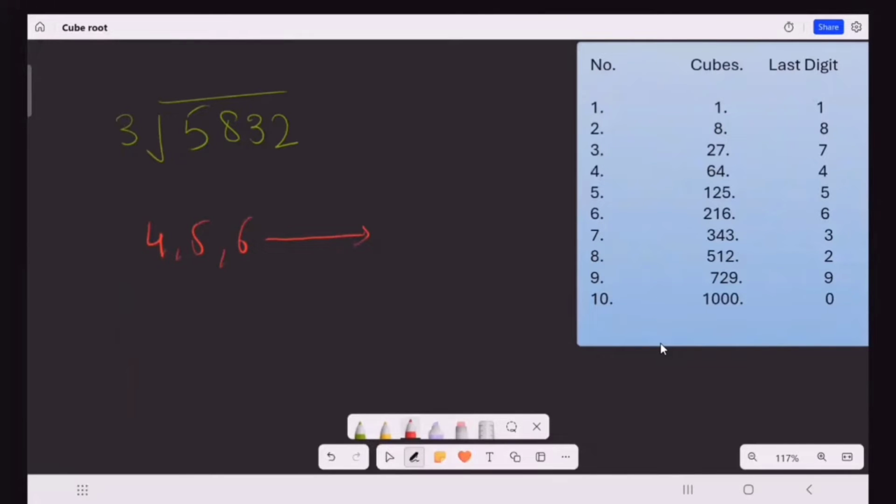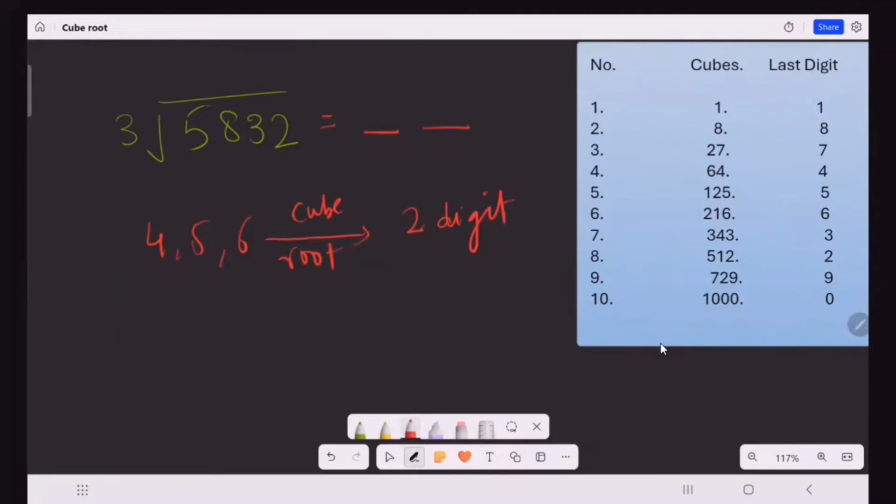The second thing is that the cube root of a 4, 5, or 6 digit number always gives a 2 digit answer. So the answer for this 4 digit number is 2 digits long.